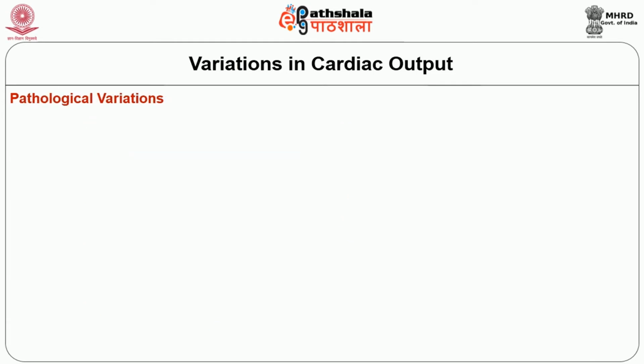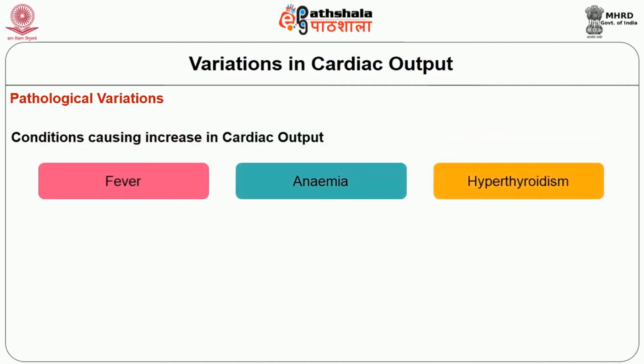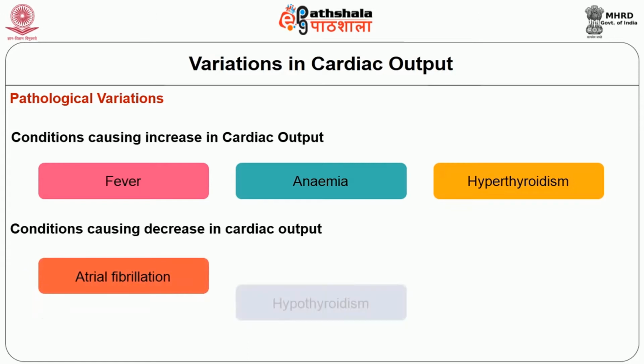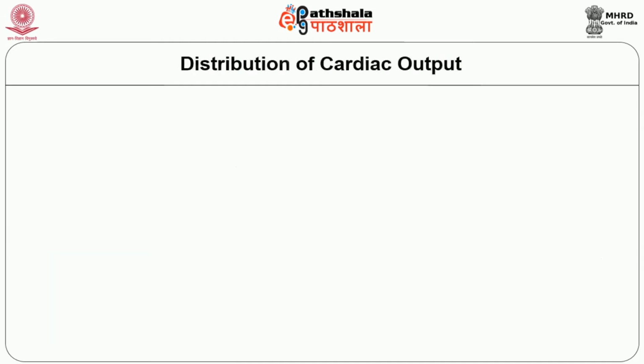Similarly, pathological variations occur in conditions like fever, anemia, hypothyroidism. Conditions causing decrease in cardiac output are atrial fibrillation, hypothyroidism, shock, hemorrhage, congestive cardiac failure, myocardial degeneration, or incomplete heart block with coronary sclerosis.